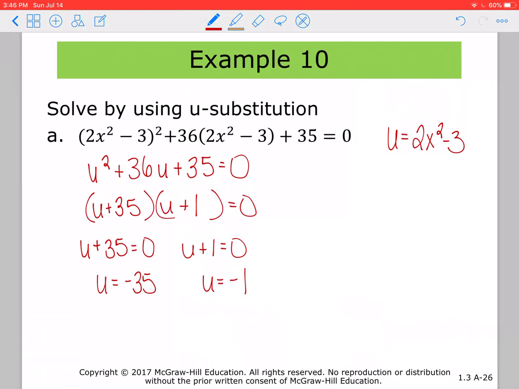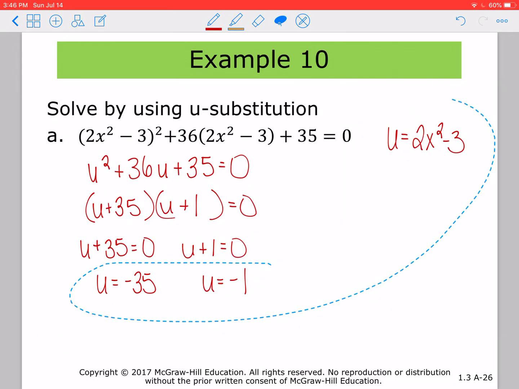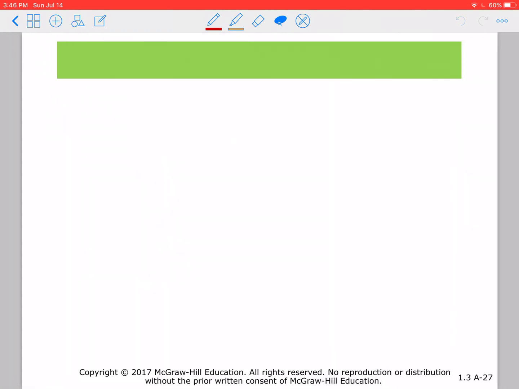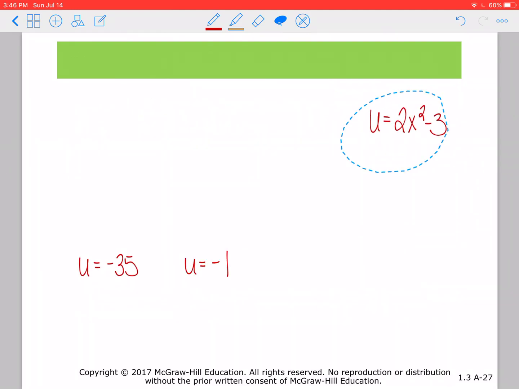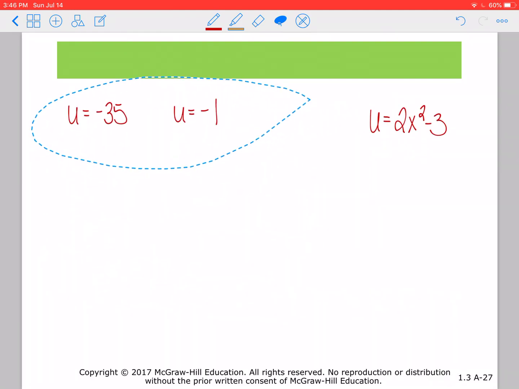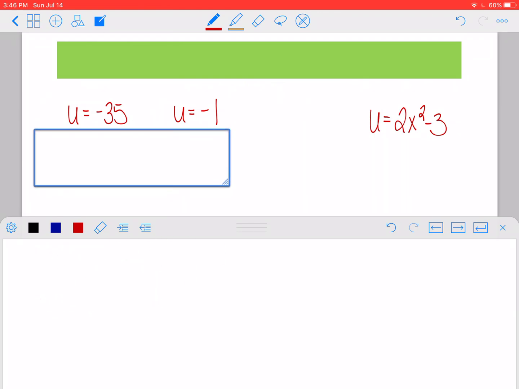So here we've got, in for u, 2x squared minus 3 equals negative 35. And then the one on the right is 2x squared minus 3 is equal to negative 1. So now we have to solve for x.